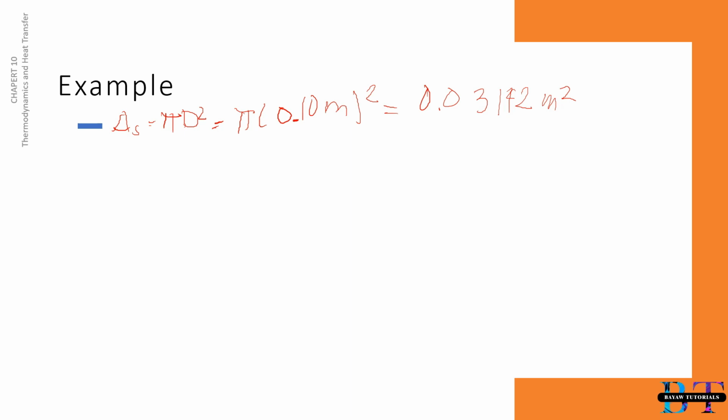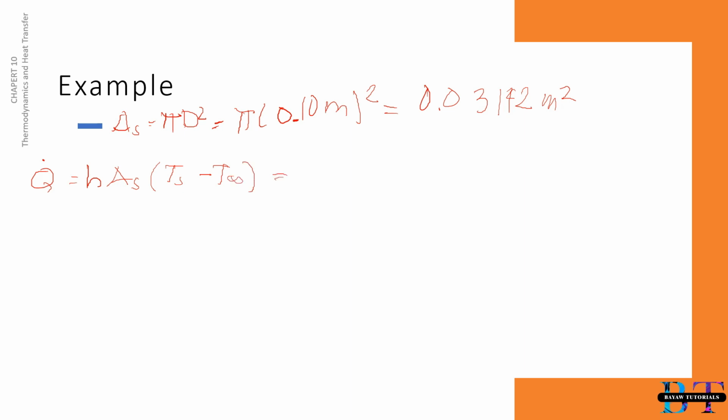Next, let us find the rate of heat transfer, which is equal to the convection heat transfer coefficient times the convection heat transfer surface area times the temperature of the surface minus the temperature of the fluid sufficiently far from the surface.